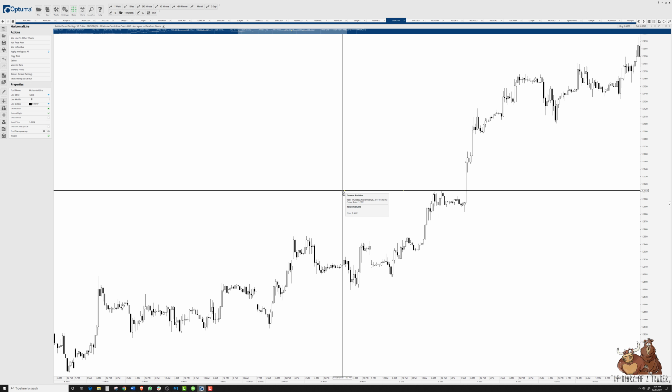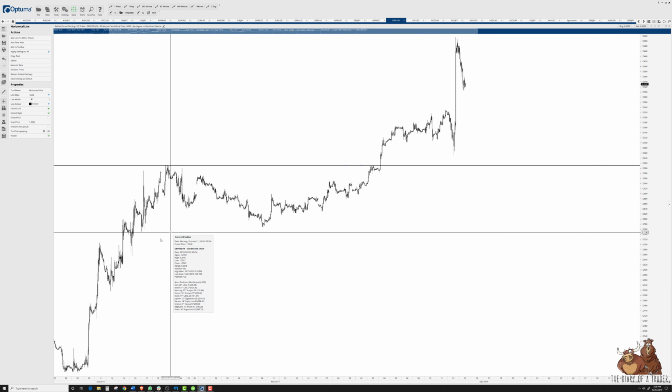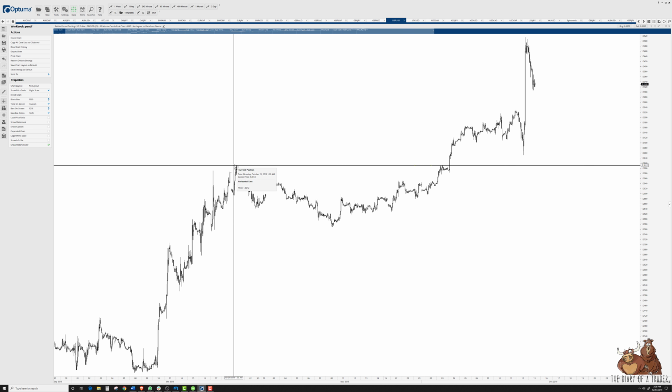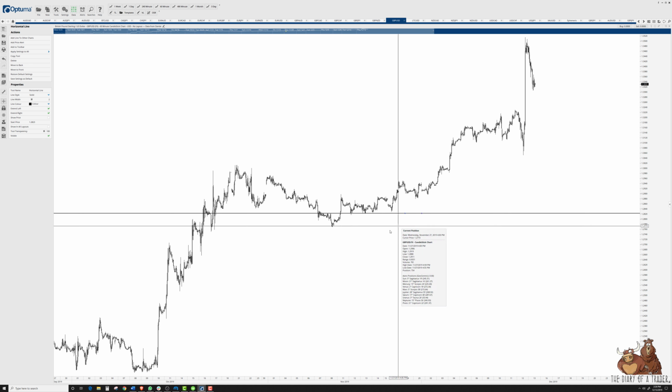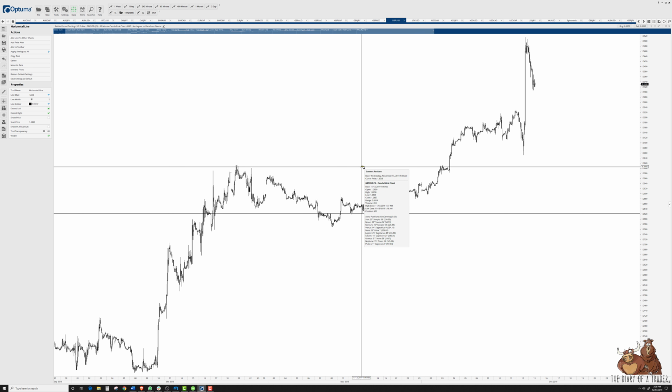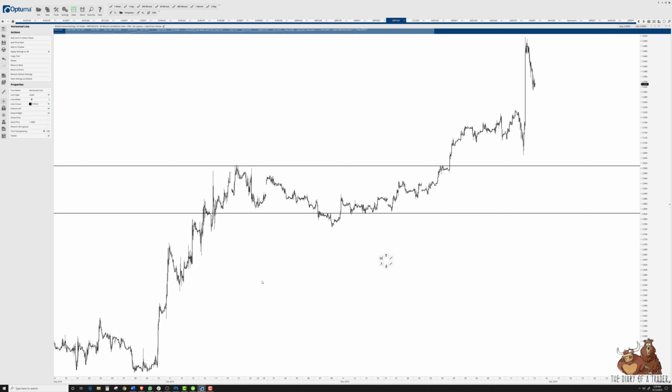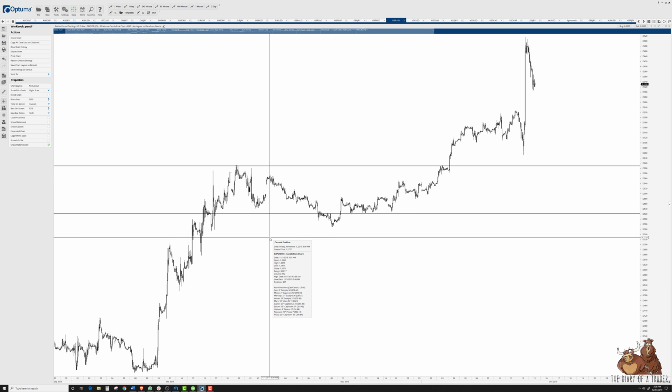So you will probably use a couple of these. You'll look at past price action and say, okay, here's a swing high here, and you may put some more horizontal lines in different areas and so forth. And you'll break it down into smaller time frames.